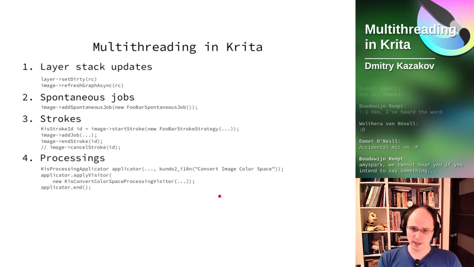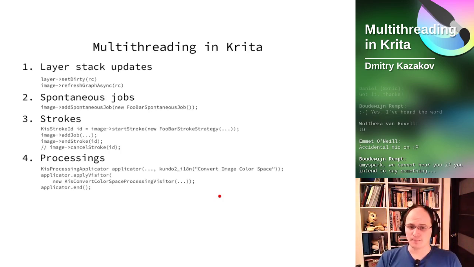Anyway, the fourth API is processing. I think you have heard about it many times as well. Strictly speaking, processing is not a separate API because internally it uses strokes, but it is a wrapper around strokes that lets you process layers in a bit easier way.